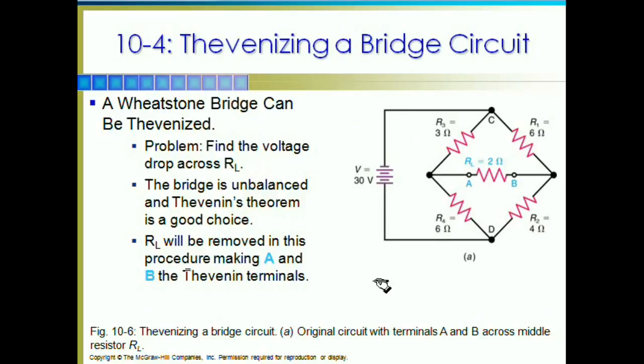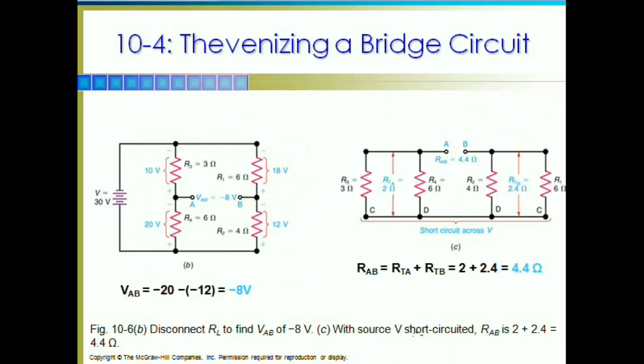If we redraw it, we find that it'll look something like that. So let's Thevenize it.